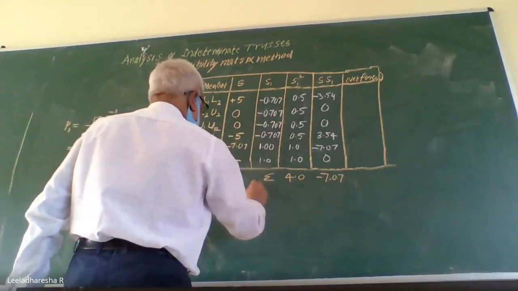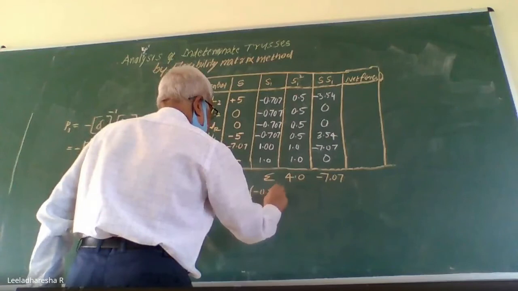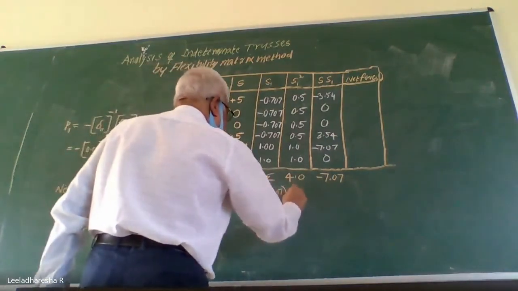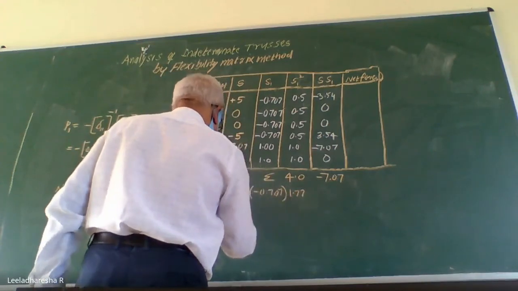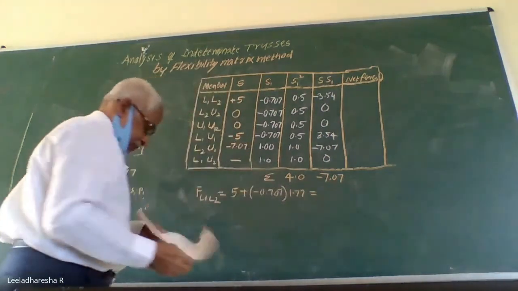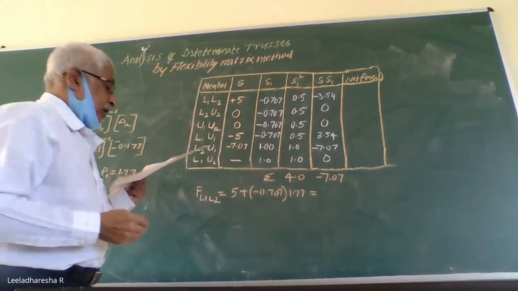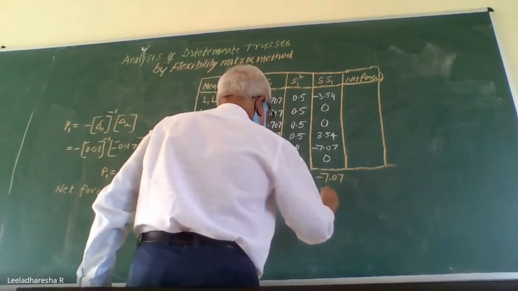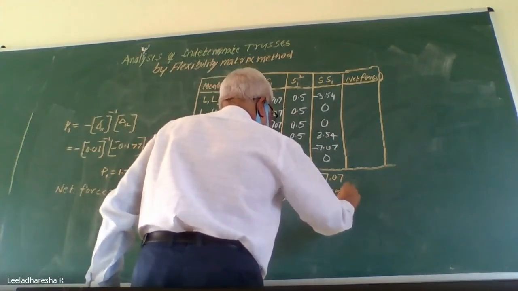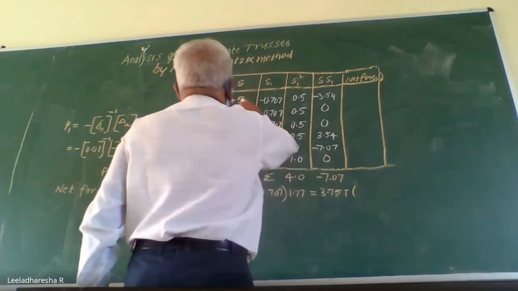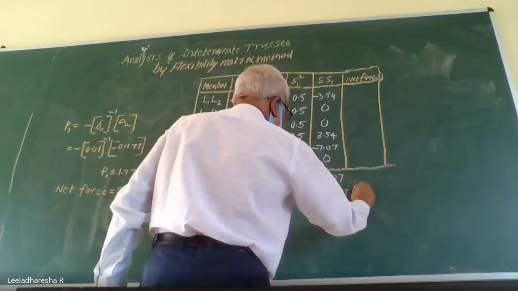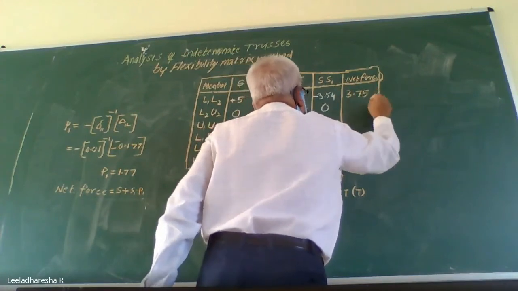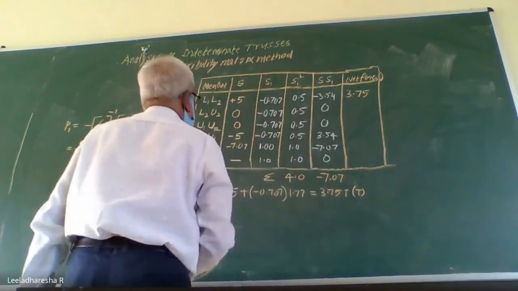S1 is minus 0.707 into P1 1.77. So you are going to get 3.75 tons, and it is tension, therefore positive.